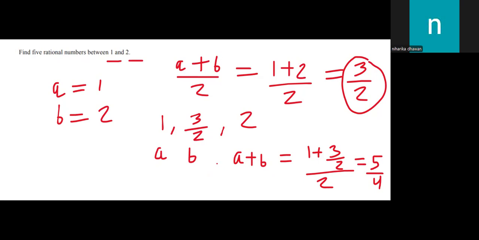So now we have the numbers as 1, 5 by 4, 3 by 2 and 2. Now we need to find three more rational numbers. So similarly here also I can take a equal to 1 and b equal to 5 by 4, and we can find the third rational number. Similarly we can find the fourth and the fifth rational numbers.